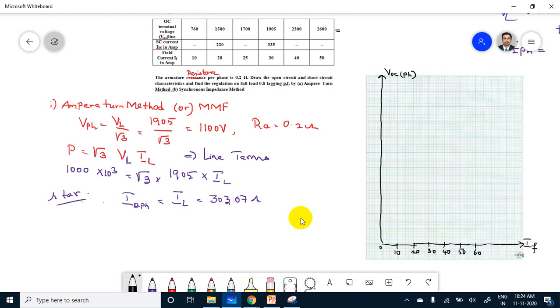Now can you please convert this parameter into phase voltage? VOC line by root 3. Can you tell me how much it is for 760?